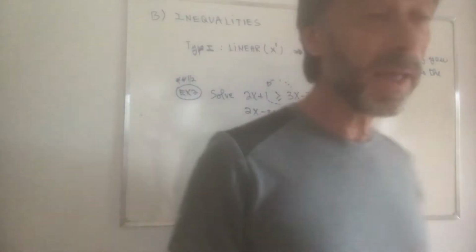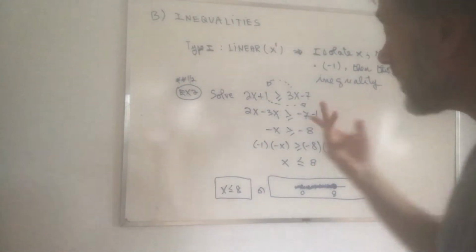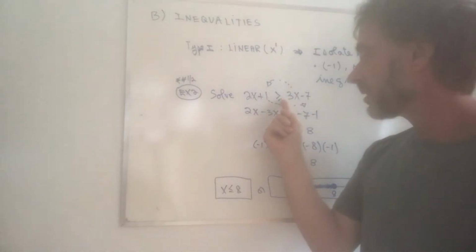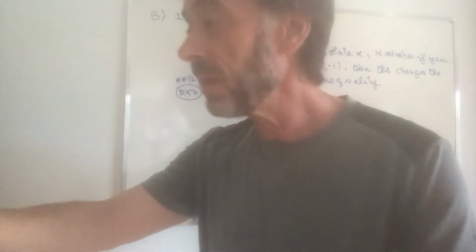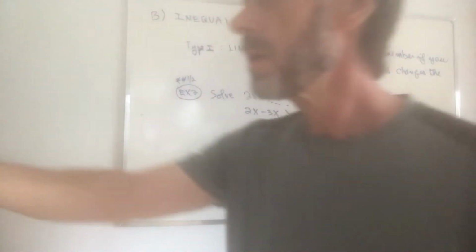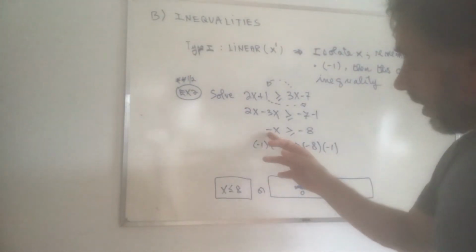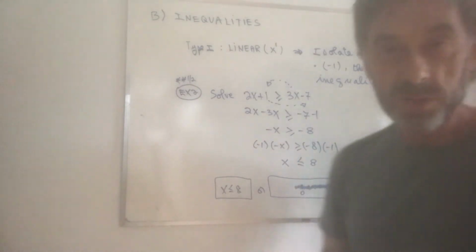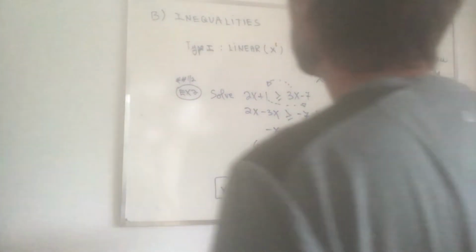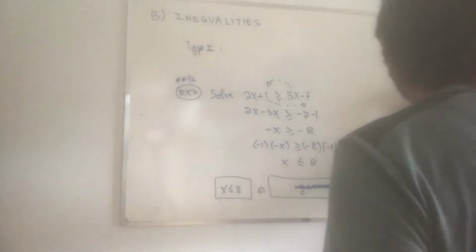So that's the linear case. Like I said, fairly simple in the sense that if this were not an inequality sign, if it were an equal, we would solve it the same way. The only thing we have to keep in mind is that if there's a minus and we need to change the minus to a plus, we have to change the inequality sign.